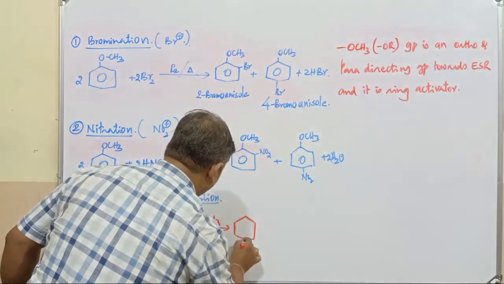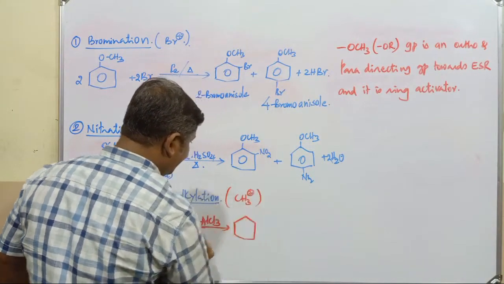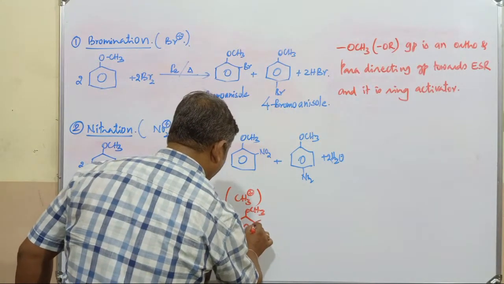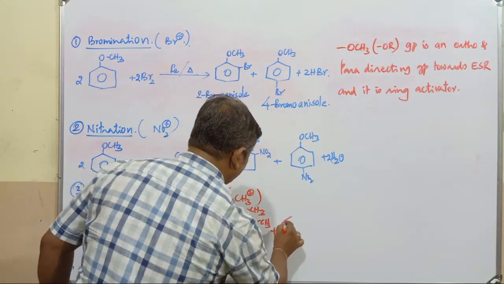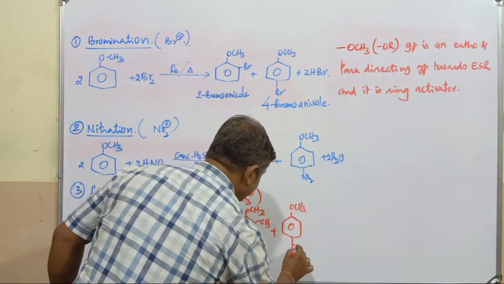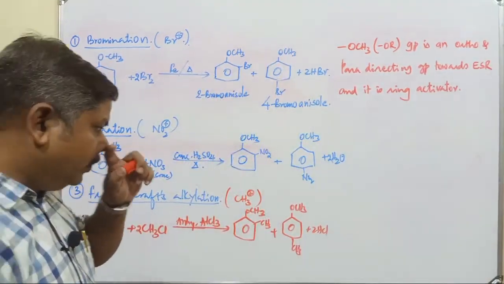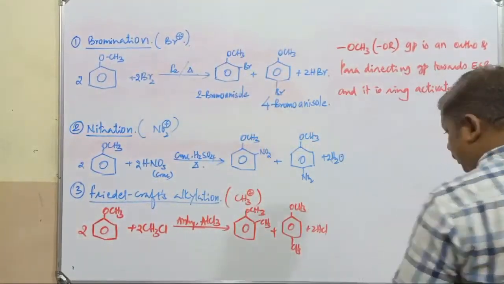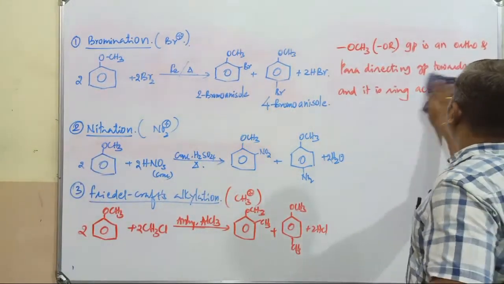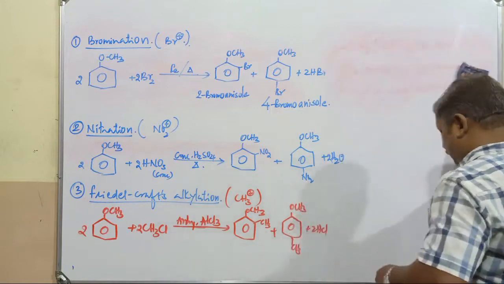Attack of electrophile. What's the electrophile in this reaction? It is CH3 plus, methyl carbocation. This is OCH3 and here CH3 plus one more compound. This is OCH3 with para position plus 2 moles of HCl. It is 2-methylanisole and 4-methylanisole compound. 2-methylanisole and 4-methylanisole compound formation takes place.